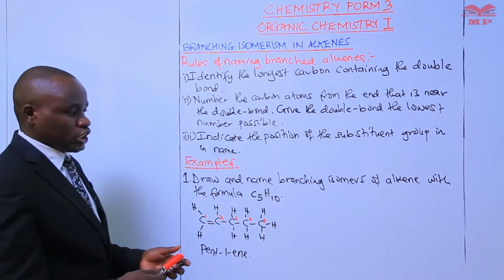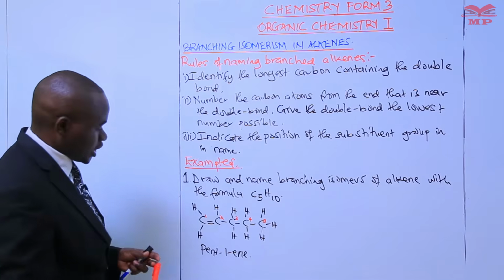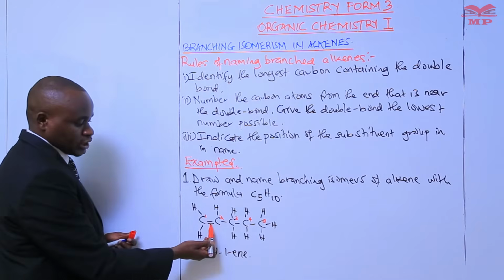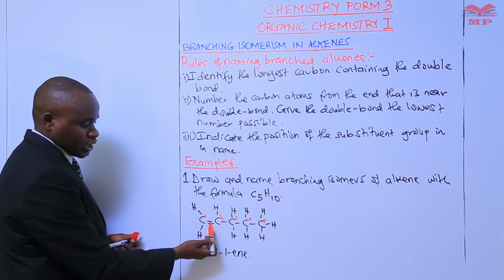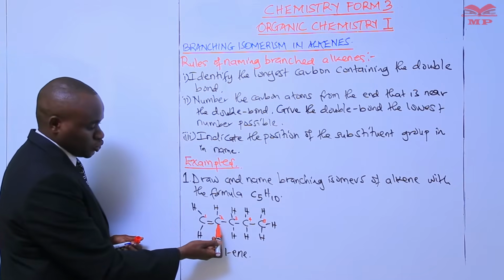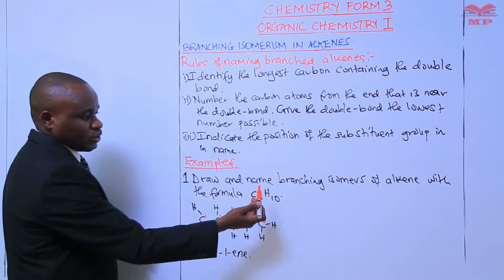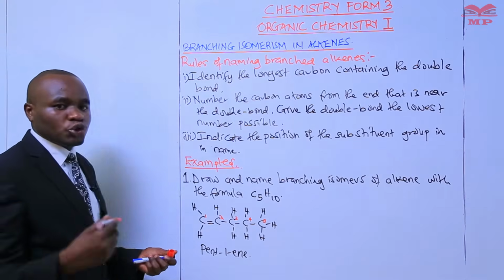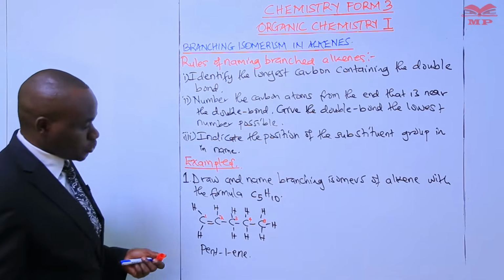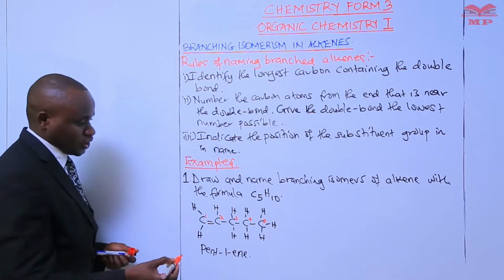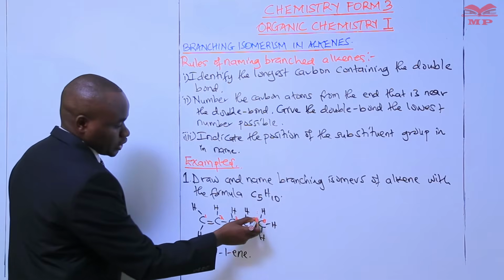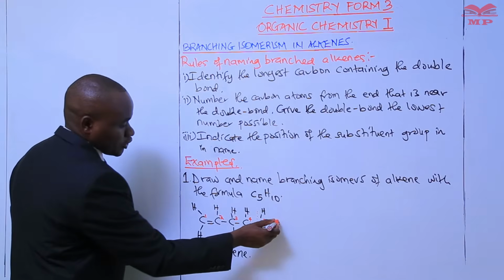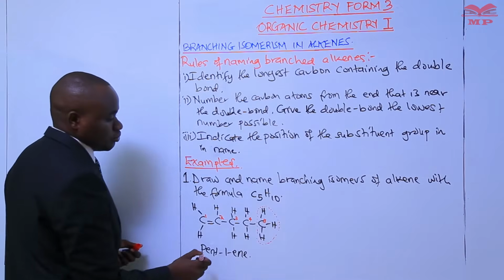Now, if I was drawing positional isomers, what I could have simply done is move this double bond from between carbon 1 and carbon 2 to between carbon 2 and carbon 3. But we are looking at branching isomers. That means we have to form substituent groups, and the best substituent groups that we can form are methyl groups. So how do we do that? We consider the carbon atom on the extreme.